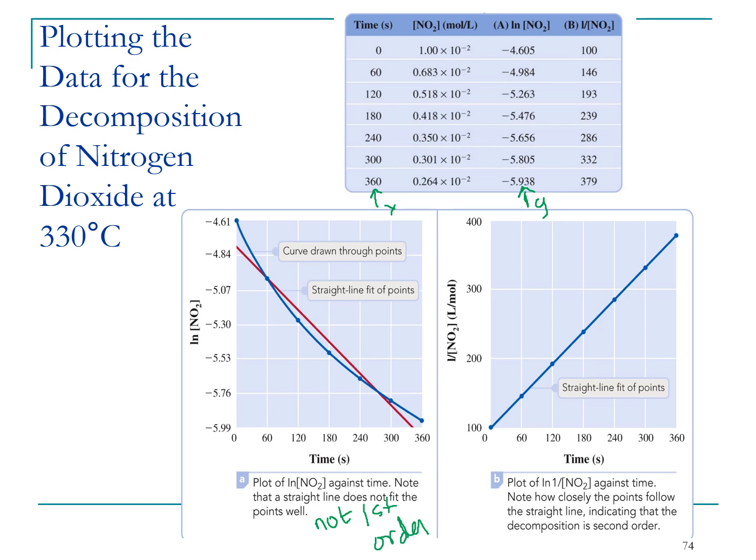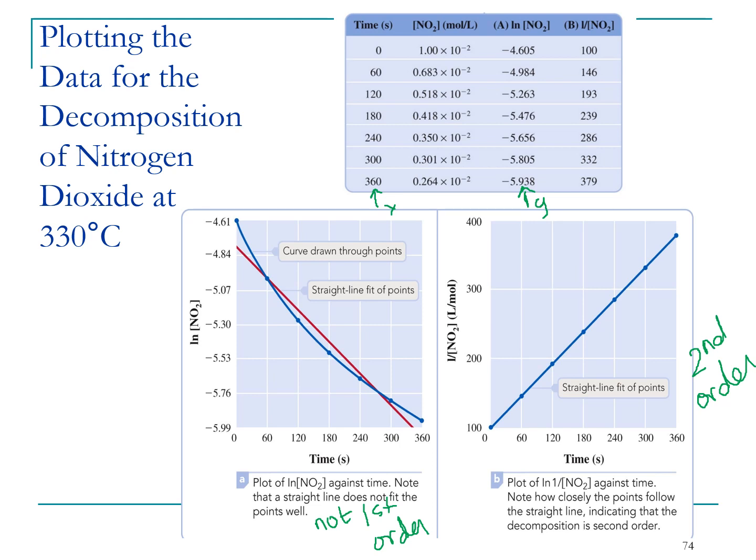However, now 1 over 1 times 10 to the minus 2 is 100. 1 over 0.683 times 10 to the minus 2 is 146, and so forth. So now we've taken the 1 over the concentration and plotted that versus time, and that does give us a straight line. So again, this tells us it's second order.